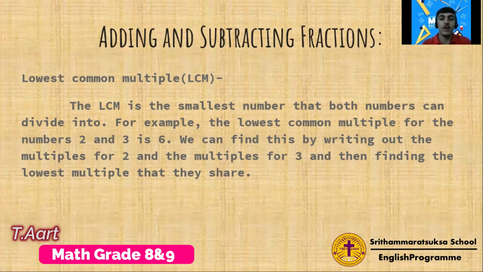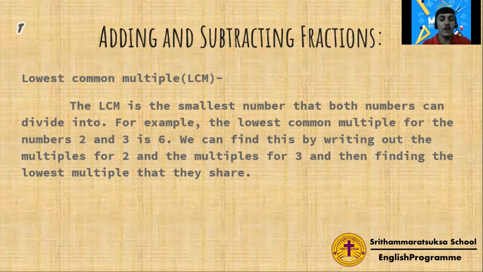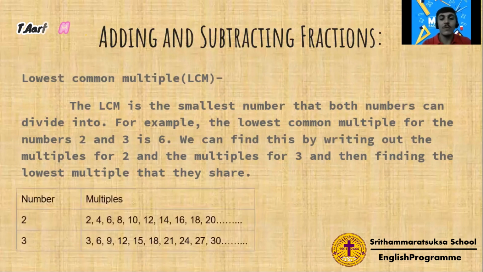For example, the lowest common multiple for the numbers 2 and 3 is 6. We find this by writing out the multiples for 2: 2, 4, 6, 8, 10, 12, and the multiples for 3: 3, 6, 9, 12, 15, 18, and so on. And then we find the lowest multiple that they share, which in this case is 6. So the LCM for 2 and 3 would be 6.